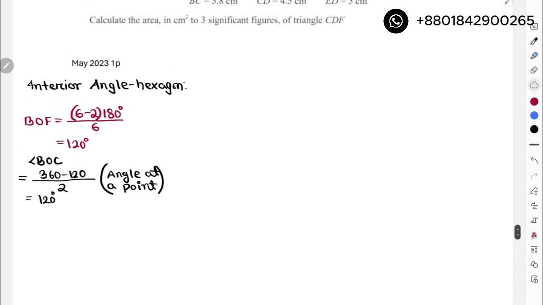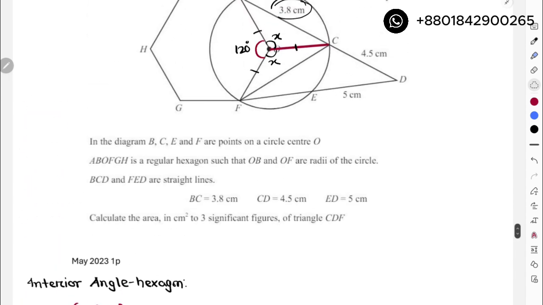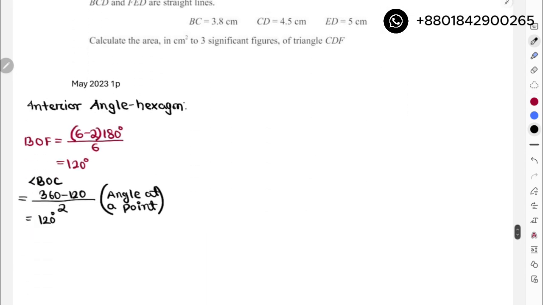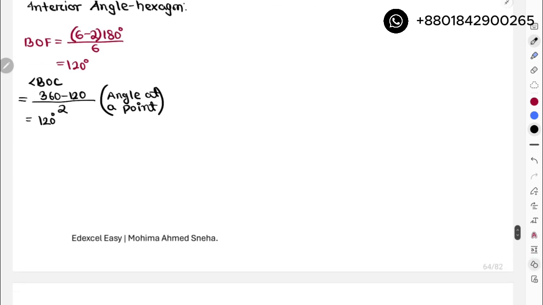Okay, so angle BOC is 120 degrees. Now using this concept that angle BOC is 120 degrees, you can focus on triangle BOC. This is how the triangle BOC was. BC was 3.8, these two are equal length and this angle was your 120 degrees.